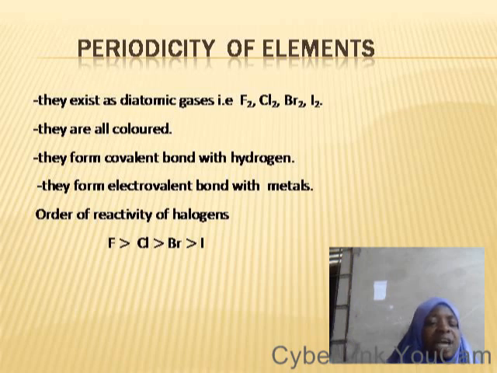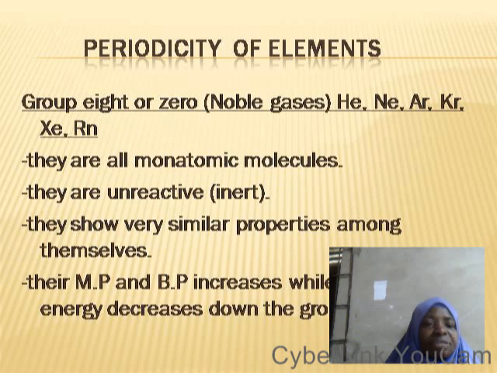If you look at their order of reactivities, you see that fluorine is the most reactive element there. Then the least reactive there is iodine. Now, the next one we are going to be looking at is the group 8 elements.